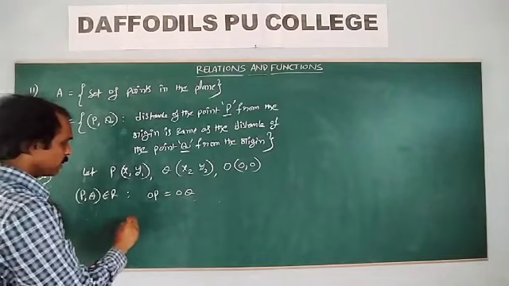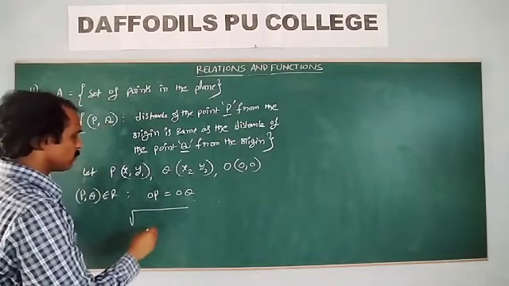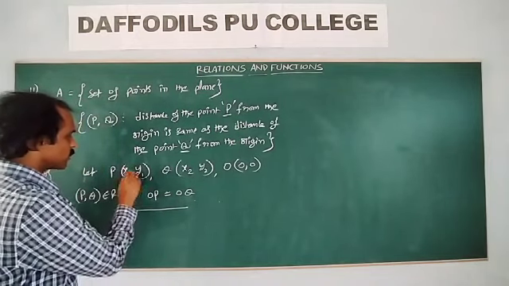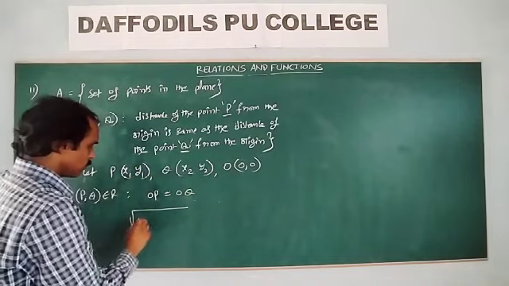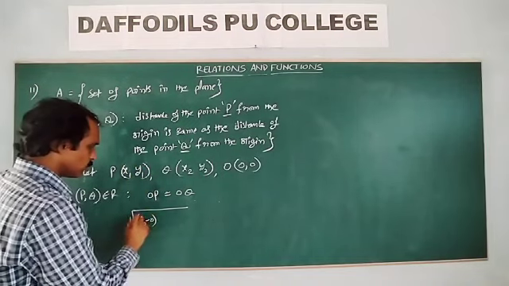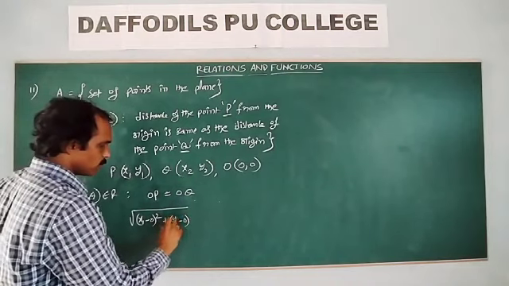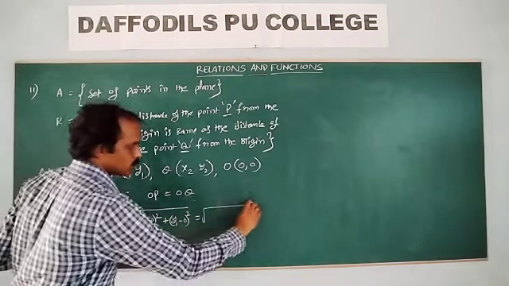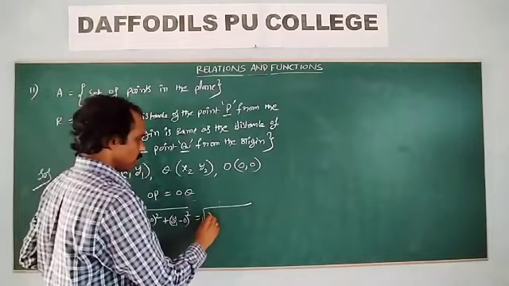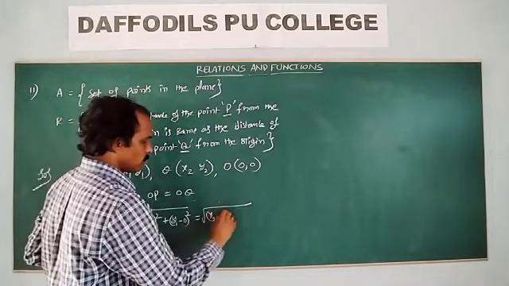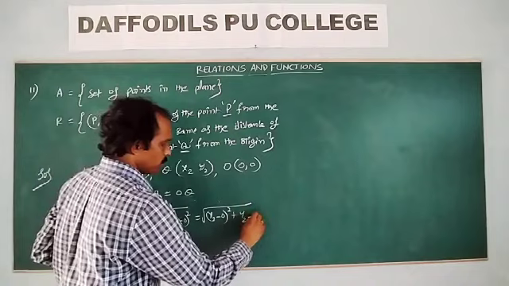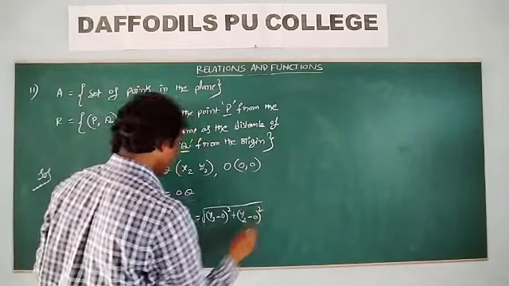Applying the distance formula: square root of (x1 minus 0) squared plus (y1 minus 0) squared is equal to square root of (x2 minus 0) squared plus (y2 minus 0) squared.